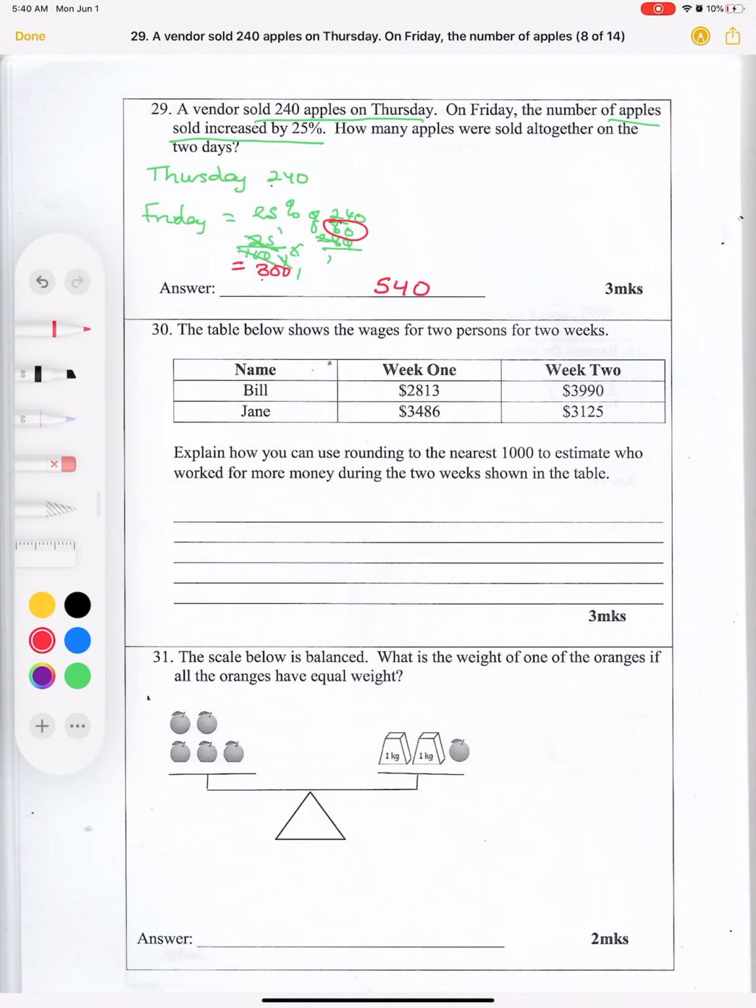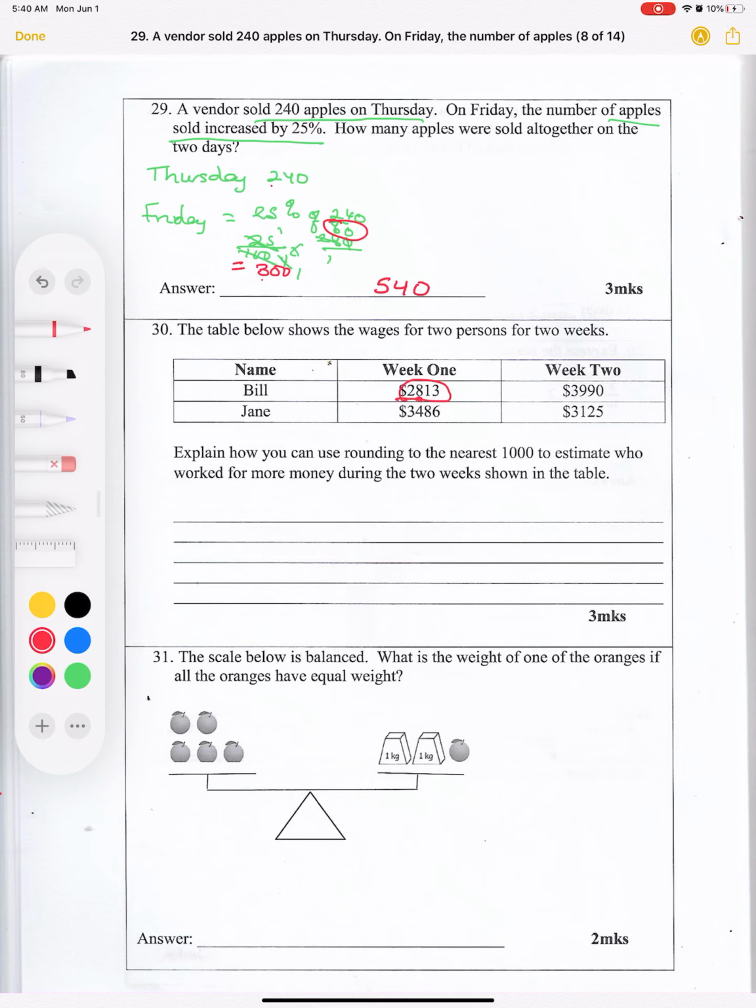Number 30. The table below shows the wages for 2 persons for 2 weeks. Explain how you can use rounding to the nearest thousand to estimate who worked for more money during the 2 weeks shown in the table. First of all, 2,813. If we look at the second digit here, it's 800, which is almost 1,000.